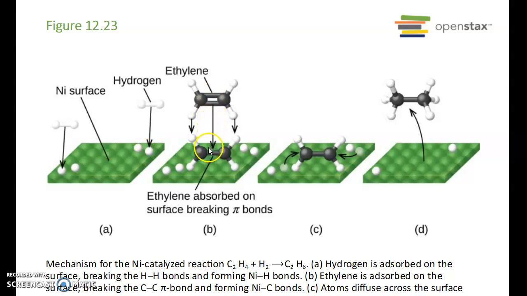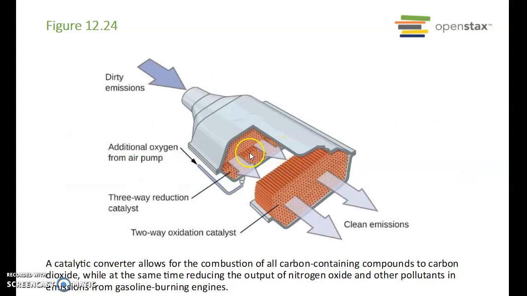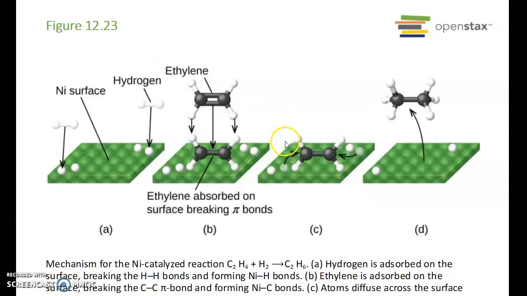This ethylene can then come down and position itself adjacent to this, so that hydrogens that are adjacent can react with this carbon to form this material right here. Okay, and there is remaining hydrogen on board the surface here.